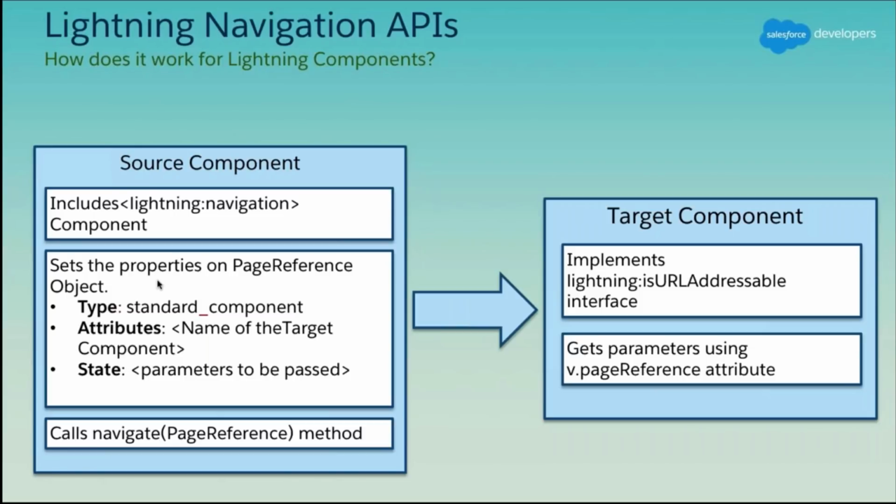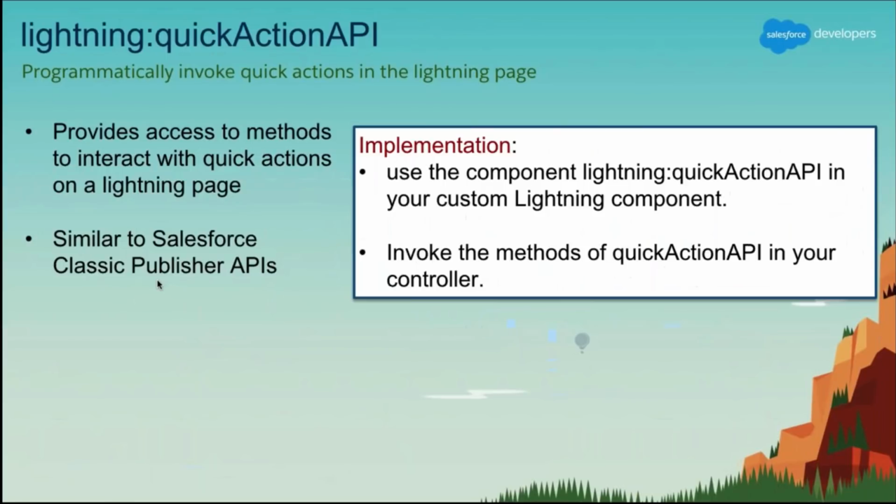The first one is Lightning Quick Action API. Many developers may know what a quick action is. They used it in Salesforce Classic, where they can create a quick action button, and with that button they can create records or edit records, and also publish it in the mobile applications and the Salesforce Classic application. They were able to invoke those quick actions programmatically with the Salesforce Classic Publisher API.